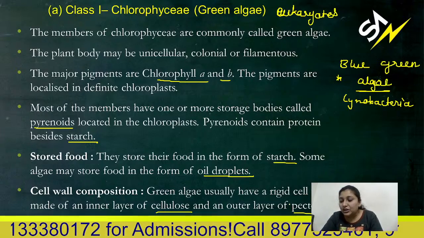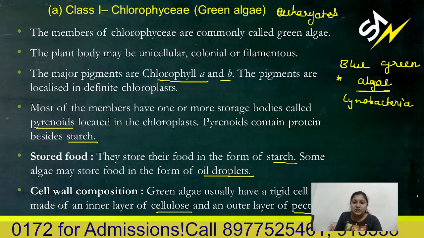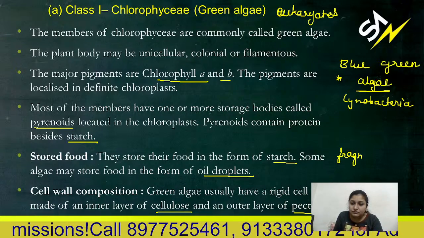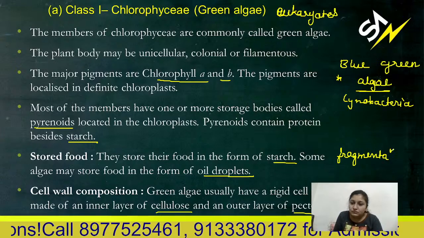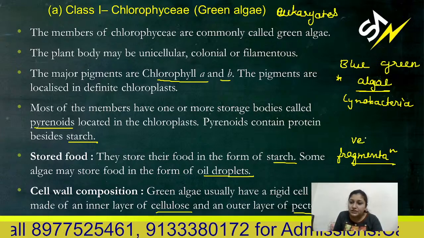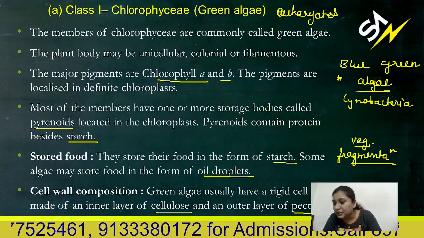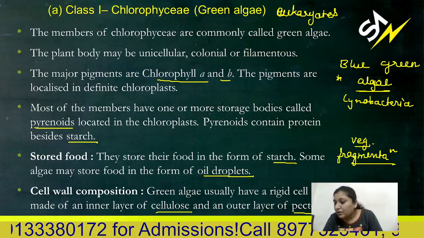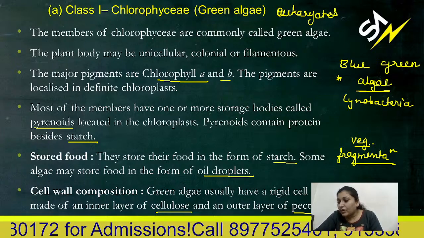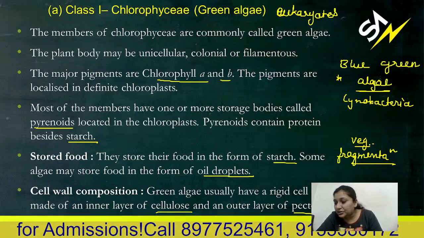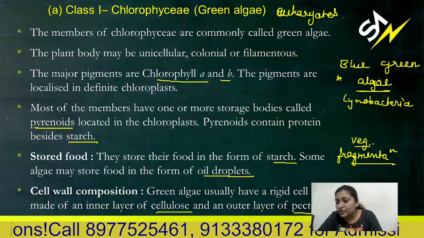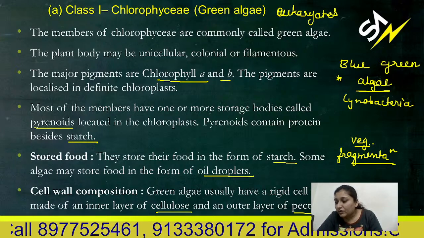Vegetative reproduction occurs by fragmentation. Asexual reproduction occurs by flagellated zoospores produced in zoosporangia.